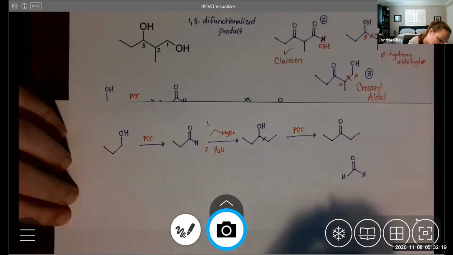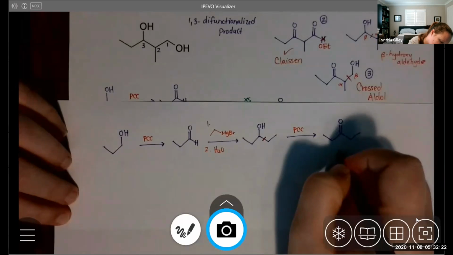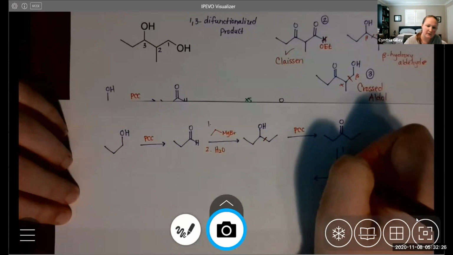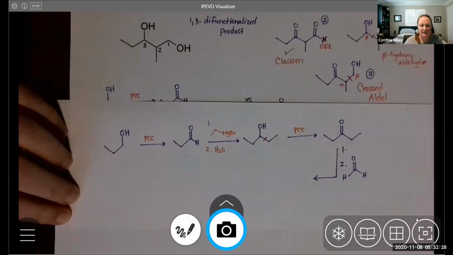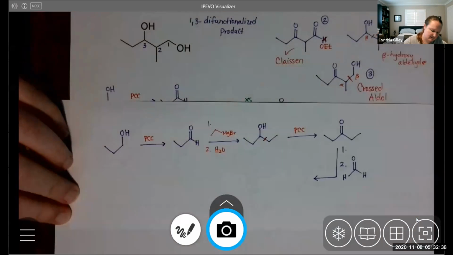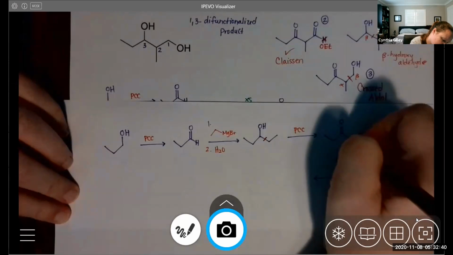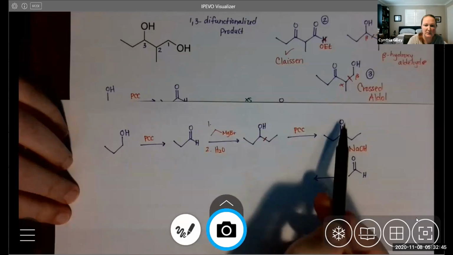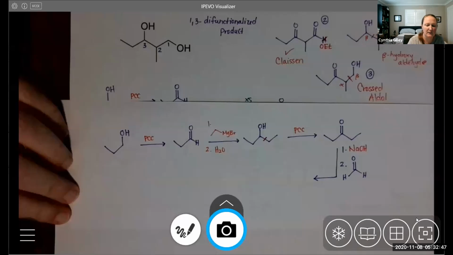So we can either use LDA as the base before introducing the aldehyde, or we could even get away with utilizing a weaker base like sodium hydroxide, because this ketone is symmetrical, so there's only one possible enolate formation that can occur.